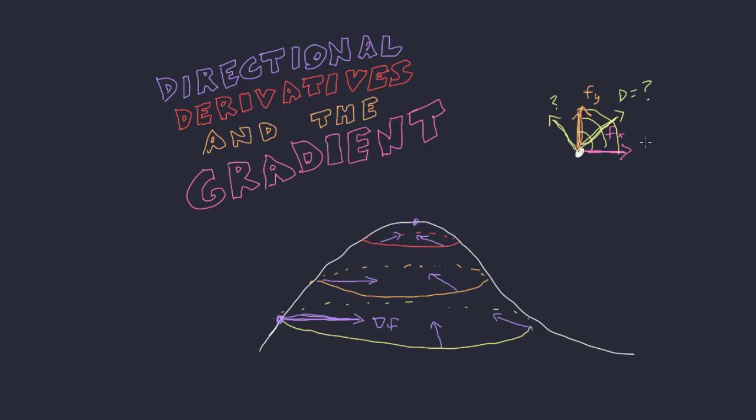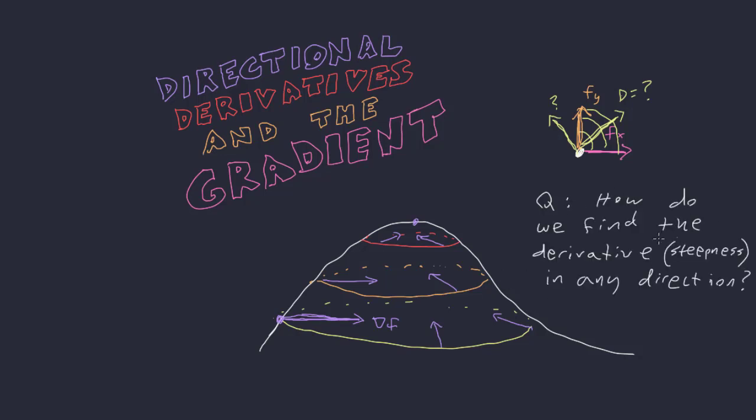The value would be, like if this is 5 and this is -5, this might be 0 or something in between. But how do we actually find it explicitly? That's the main question here, which is, how do we find the derivative or steepness in any direction we want?